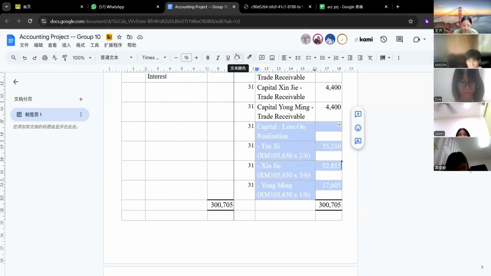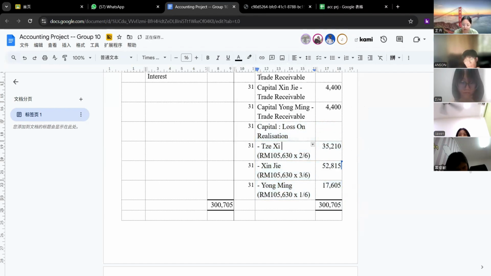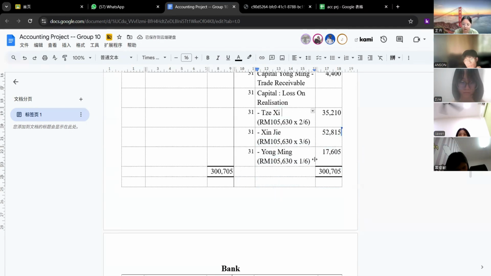So Zixi would get 2 out of 6, and Xingjie gets 3 out of 6, and Ming gets 1 of 6. So we can see that Zixi will get 35,210 ringgit.